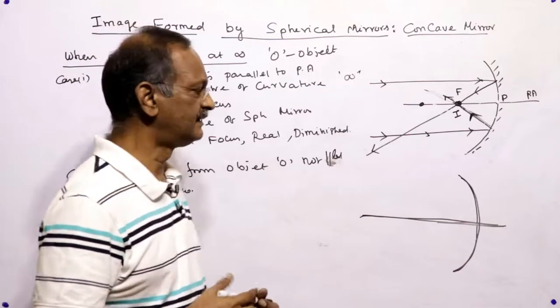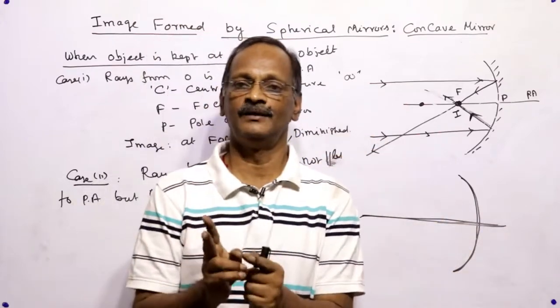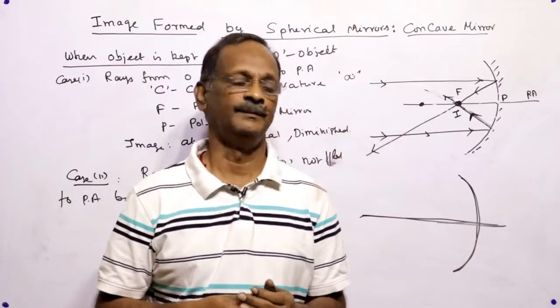Oblique rays means the rays will not be parallel, they will be falling obliquely. So we will take only 2 rays. The 2 rays will form the image.